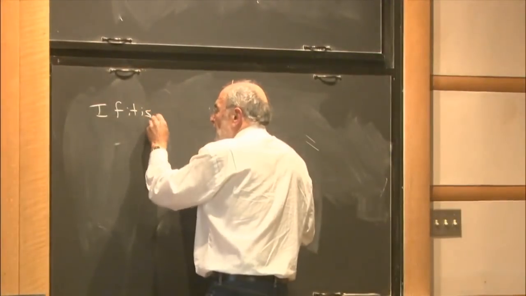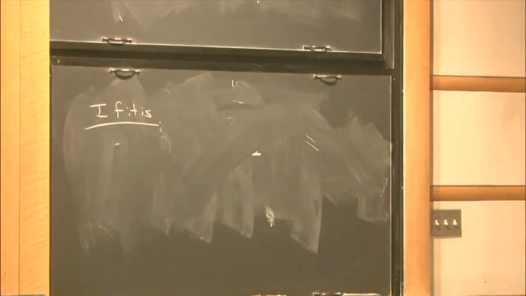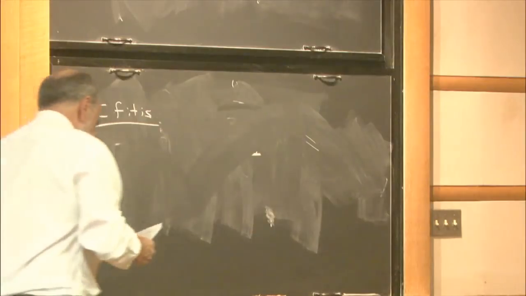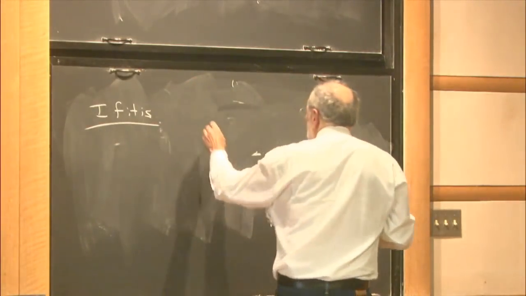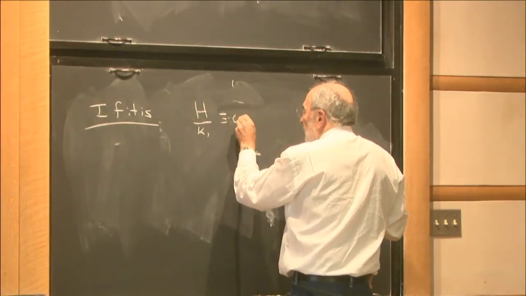If it is, we'll go by contradiction. We're satisfying that equation. If the minimum is assumed there, then h over K1 is constant.